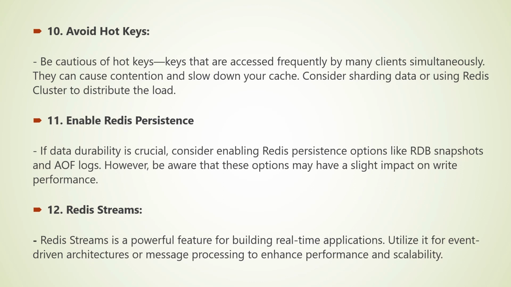Enable Redis persistence. If data durability is crucial, consider enabling Redis persistence options like RDB snapshots and AOF logs. However, be aware that these options may have a slight impact on write performance. Redis Streams. Redis Streams is a powerful feature for building real-time applications. Utilize it for event-driven architectures or message processing to enhance performance and scalability.